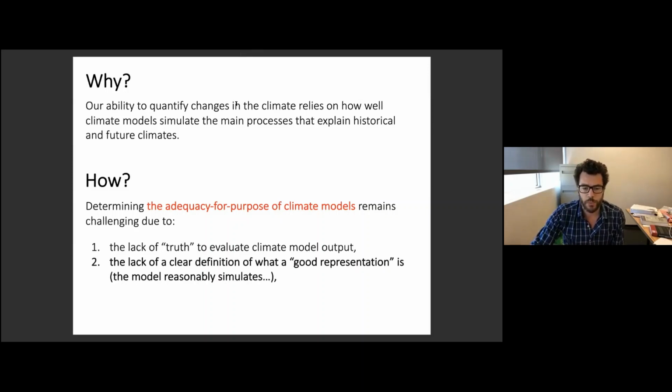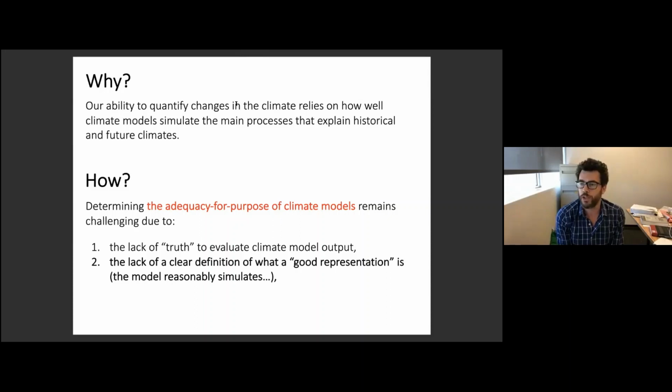A second problem is the lack of a clear definition of what we mean by a good representation, not just a good model, but what it means that the model does something well. And in fact, this is a very arbitrary threshold that everyone can choose.